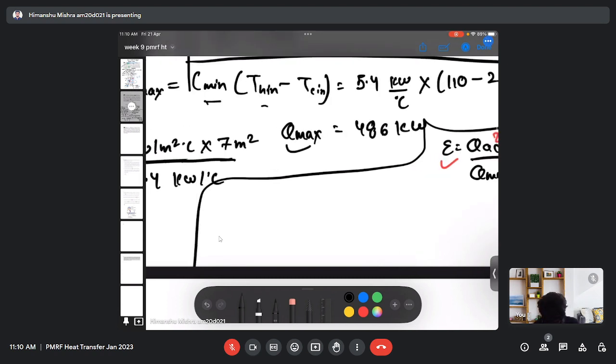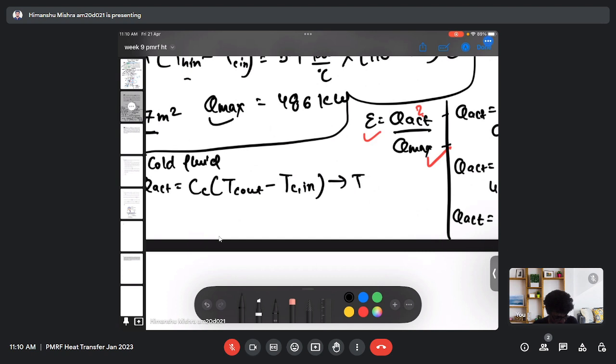Now that I have the actual heat transfer, I can easily find the outlet temperature of the cold fluid as well as the hot fluid. So for the cold fluid, this is my actual, my heat capacity of cold fluid, and the temperature difference of cold fluid at outlet and cold fluid at inlet.